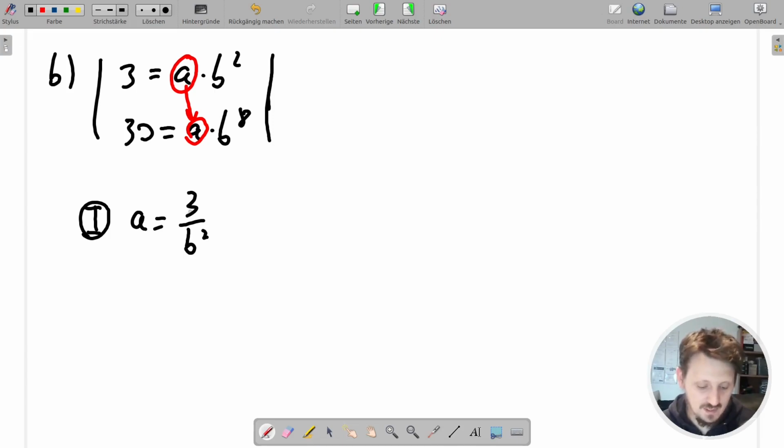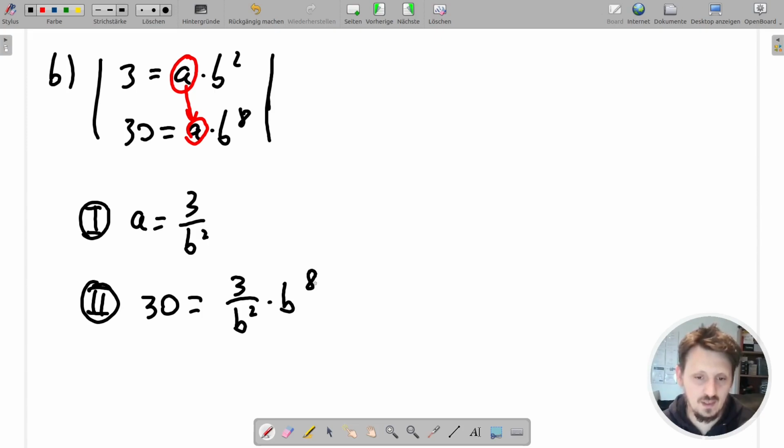And then in the next step, we have to insert this into equation 2. There, this leads to 30 equals 3 divided by b squared, this is our a which we have calculated, times b to the power 8.